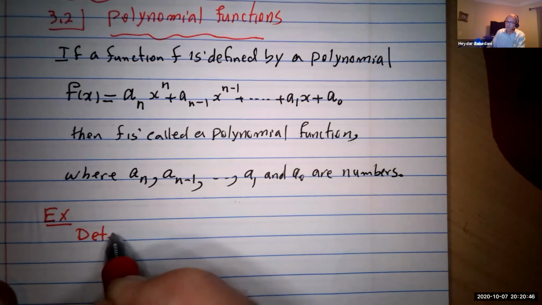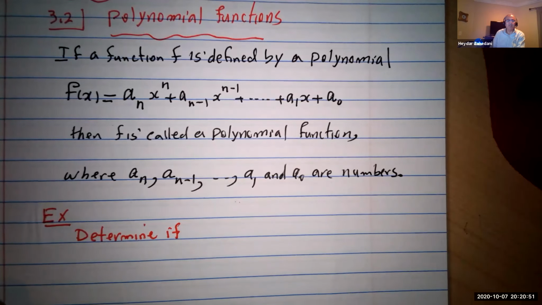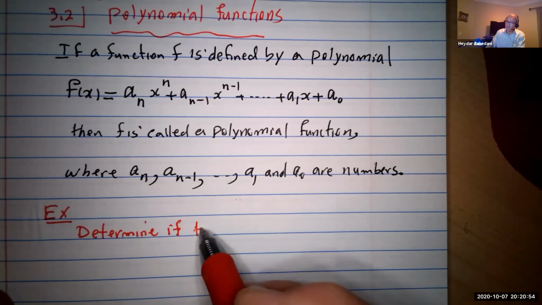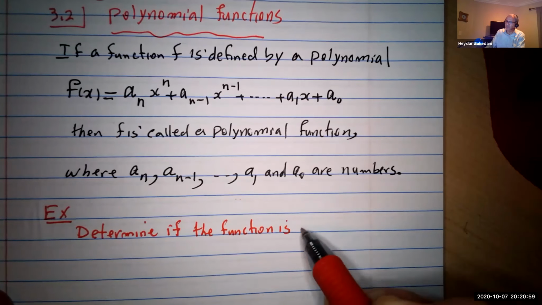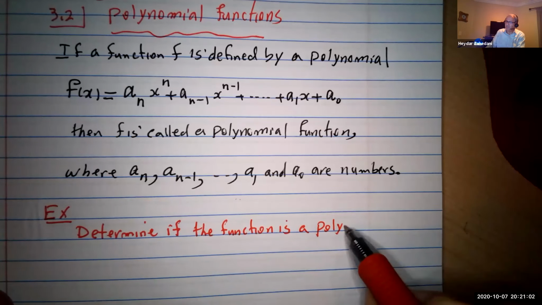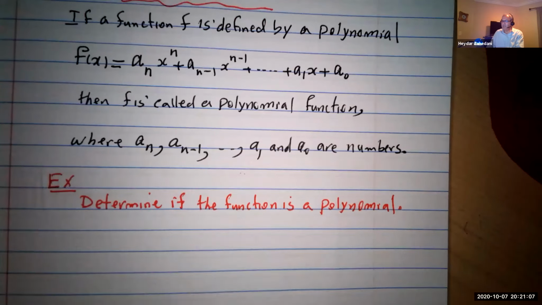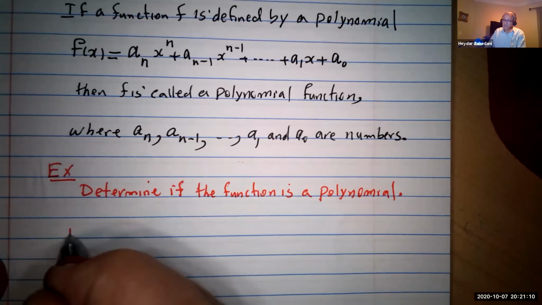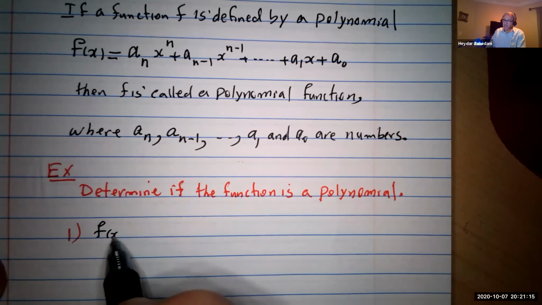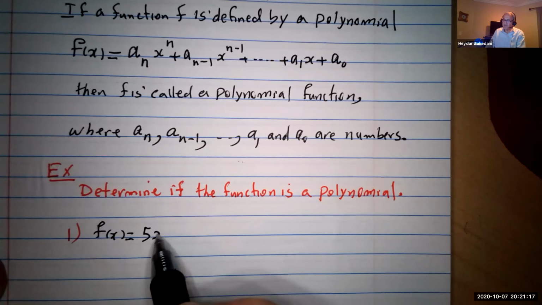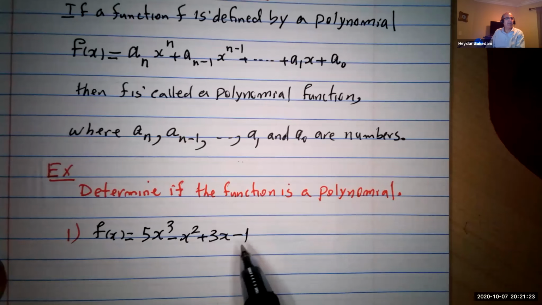So, for example, we can quickly test that we are familiar with this. Determine if the function is a polynomial. For example, f of x equals 5x cubed minus x squared plus 3x minus 1.